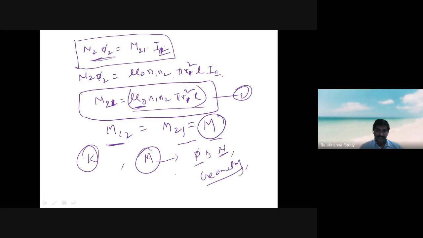Apart from this, the intervening medium is most important. The unit for mutual inductance is also the Henry.